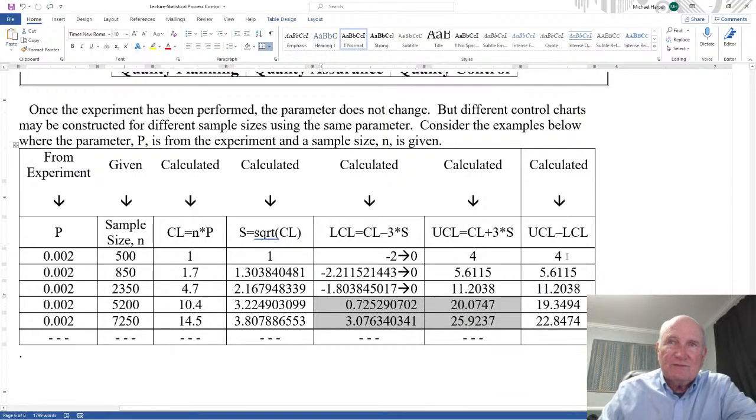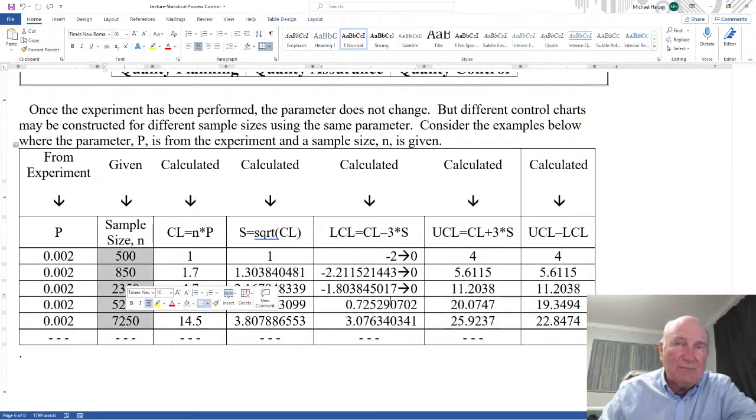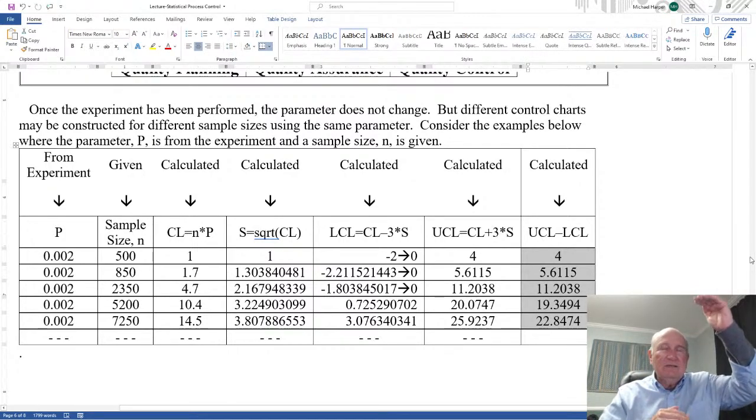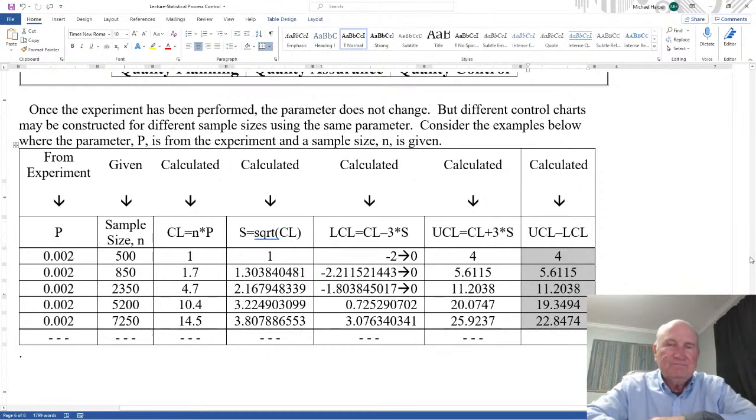And notice when the sample size goes up, the size of the limits, 4, 5, 11, 19, 22, it gets bigger. So for the C chart, it's directly related to the sample size. Not only the size, but also the location. Because you're counting. You're not standardizing the counts. It's the raw, absolute number.